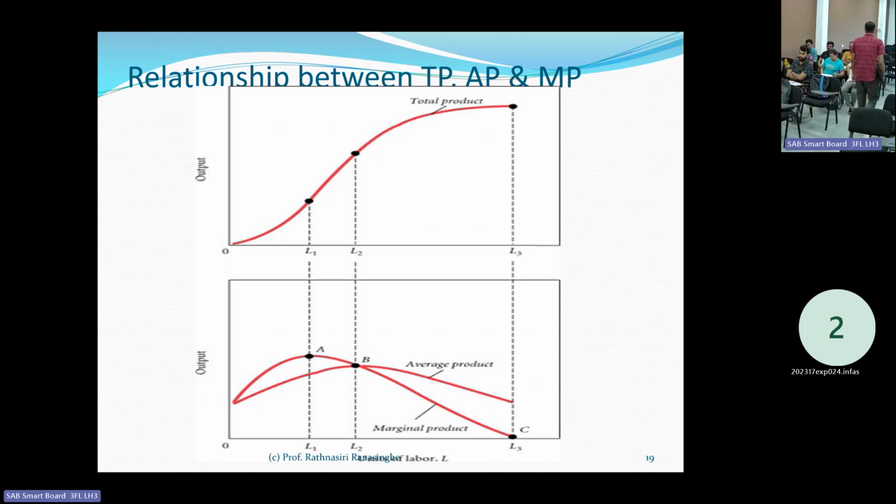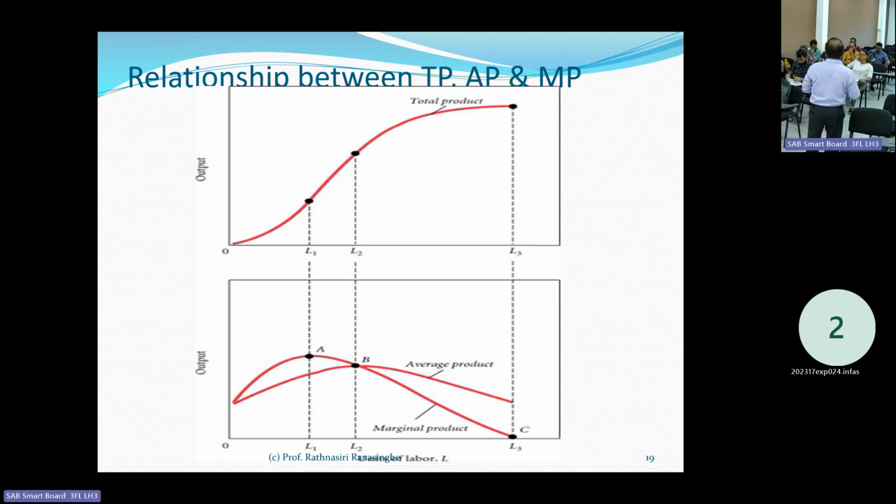The most important thing that we notice for the rational producer is where he stops his production, at the region where he can gain positive marginal production. That is stage 2 that we highlighted.